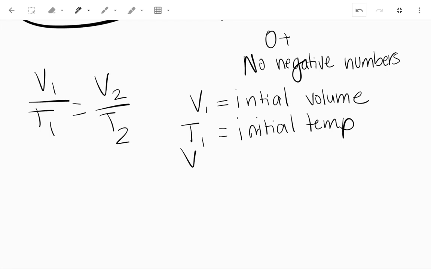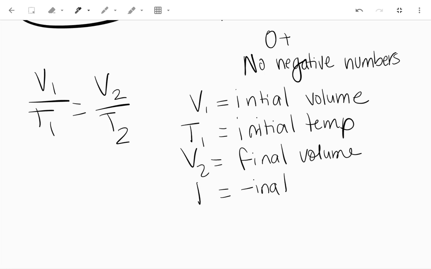V2 is final volume. And T2 is final temperature. So this is the formula.